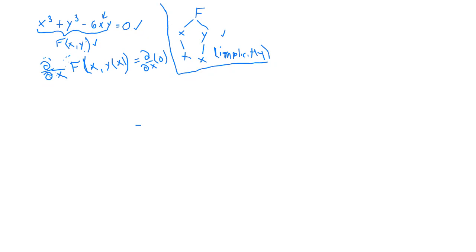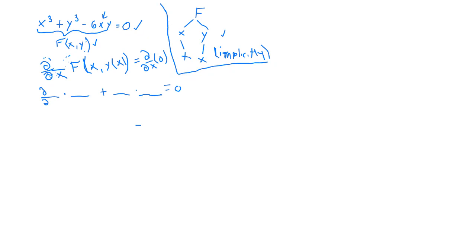And now, on the left-hand side, based on the flow chart, how many links are there to the chain? Well, there are going to be 2 links. So the first is going to be what partial derivative?